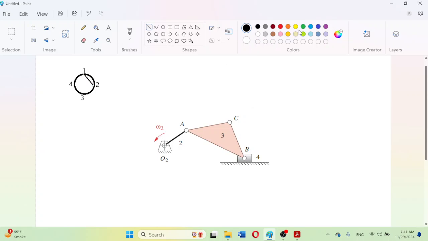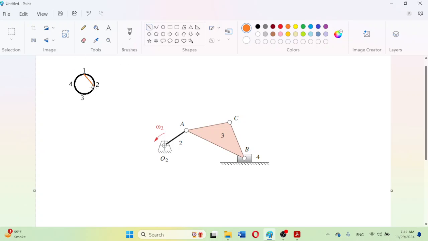Also you can change its color, for example red color, that will be clear. And remember, permanent instant centers are shown using solid lines.